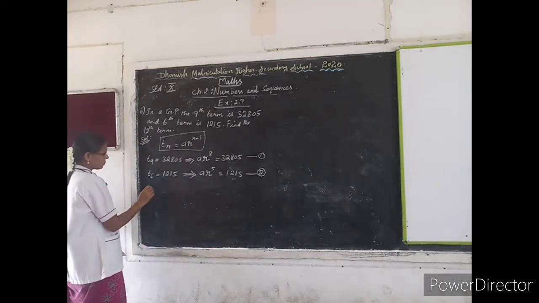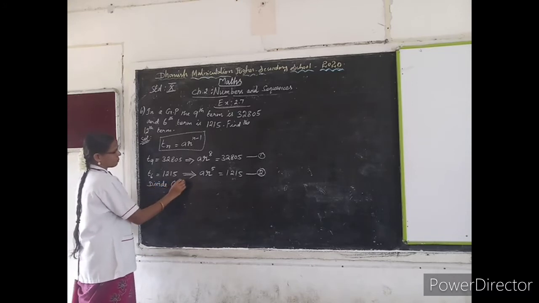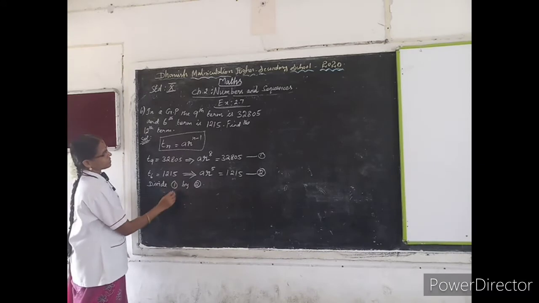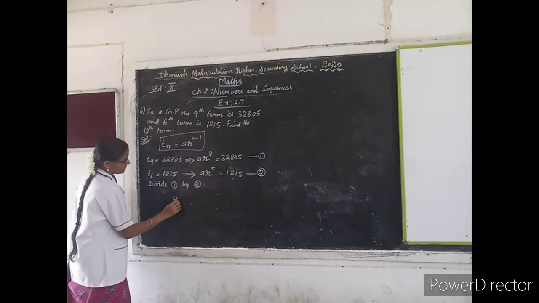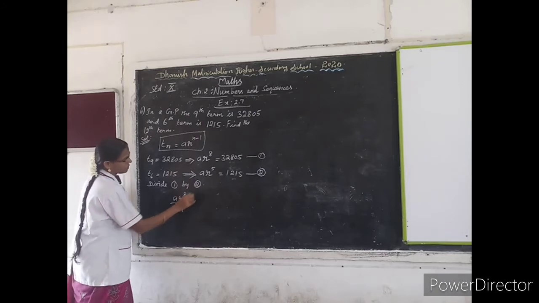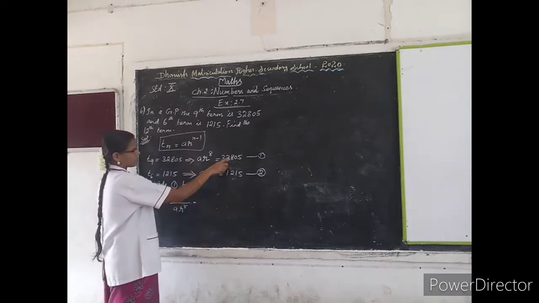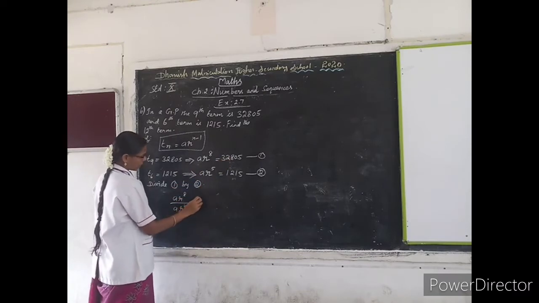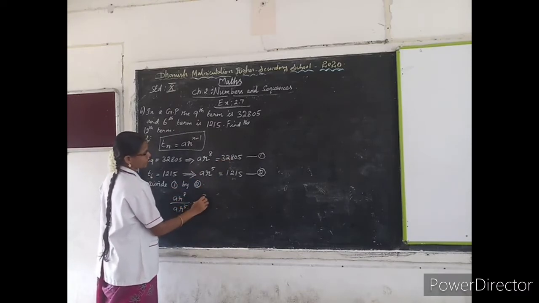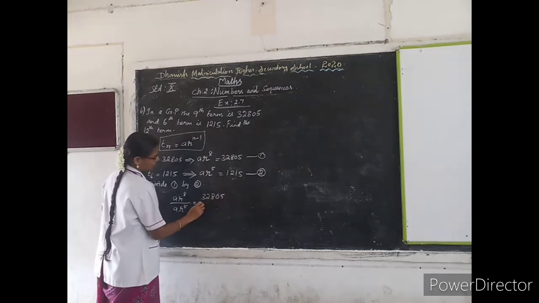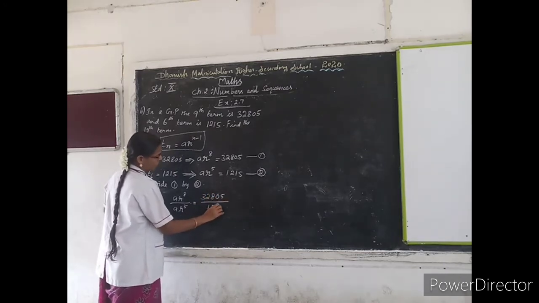Now divide the first equation by the second equation. The first equation A r power 8 divided by A r power 5. Divide these two LHS and divide these two RHS. Now RHS is 32,805 divided by 1,215.